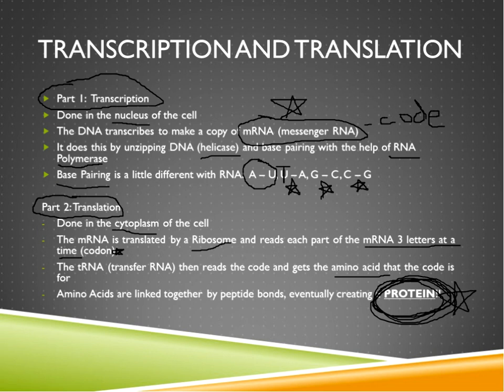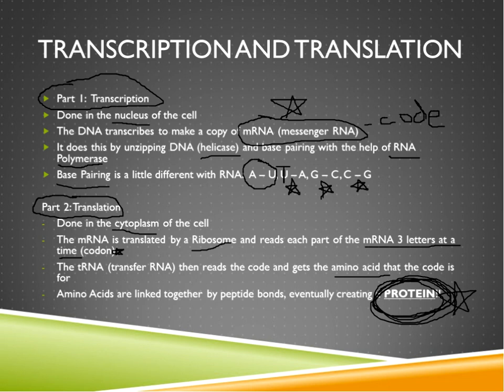So to put it all together, think of it like part 1 and part 2. Transcription starts with DNA, but it uses RNA polymerase to make messenger RNA. Part 2 translation, that's where the messenger RNA gets translated 3 letters at a time by a ribosome.